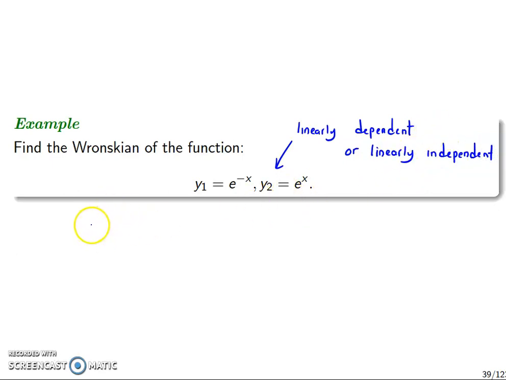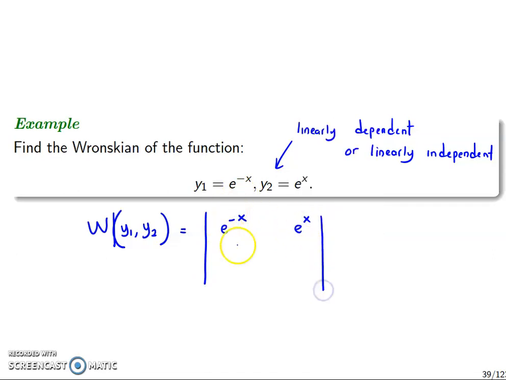We have the Wronskian of y1, y2 equal to the determinant with y1 equals e to the negative x, and y2 equals e to the x. The derivative of the first is negative e to the negative x, and the derivative of the second is e to the x.